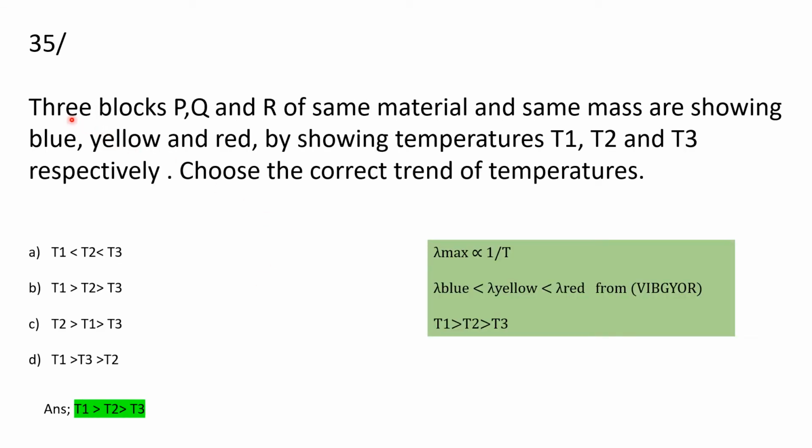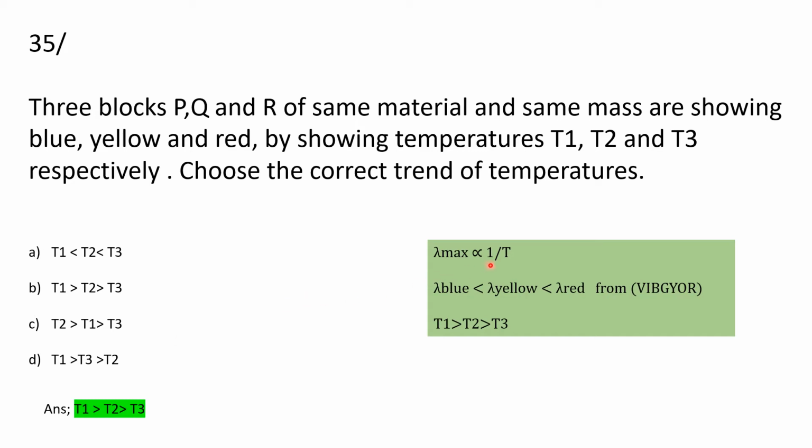Then three blocks P, Q, and R of the same material and same mass are showing blue, yellow, and red colors at temperatures T1, T2, and T3 respectively. Choose the correct trend of temperature. Options are T1 is smaller than T2 is smaller than T3; T1 is greater than T2 is greater than T3; T2 is greater than T1 is greater than T3; T1 is greater than T3 is greater than T2.